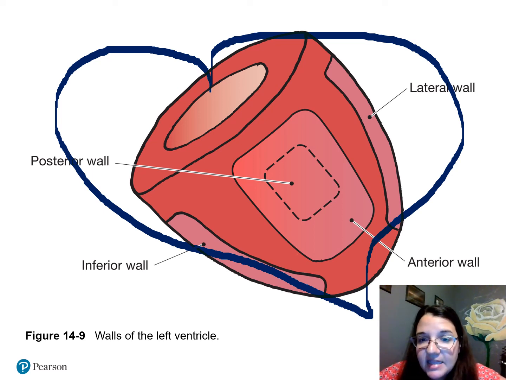When we're looking at the left ventricle, that's what we're looking at here, your left ventricle. We're going to see your posterior wall, your lateral, inferior, and anterior wall. Know who feeds who, okay? So my anterior wall, who fed that? For my lateral wall, who feeds it? Inferior and posterior, they are fed by the same artery. Who feeds it?